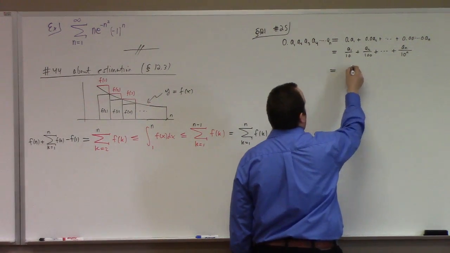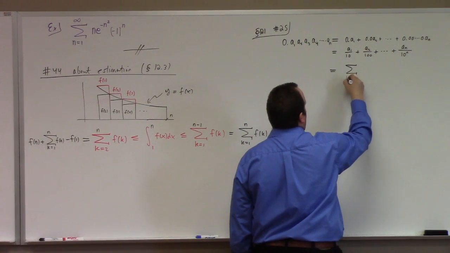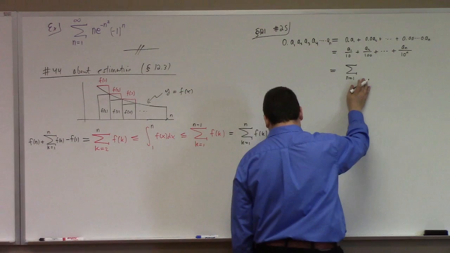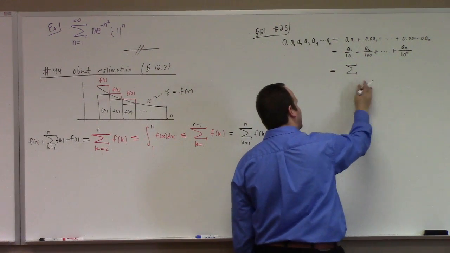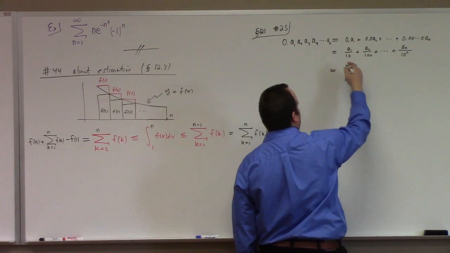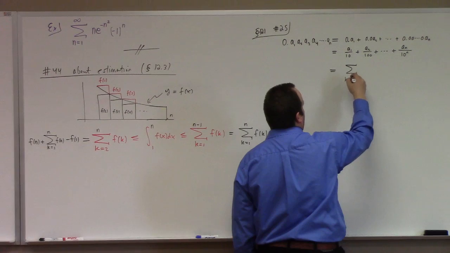So in nicer notation, this would be the sum, let's say n equals, or k. N is already used up here, right? N is not free. I can't make it a dummy.